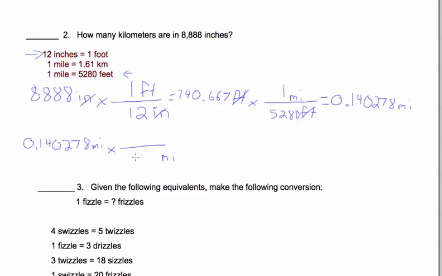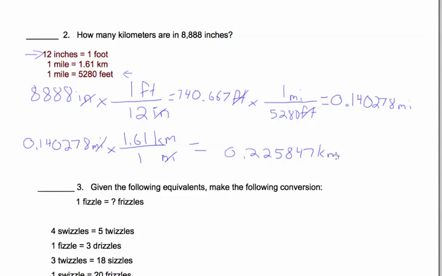We know that 1 mile equals 1.61 kilometers. Miles cancel out, we get 225847 kilometers. Let's talk significant figures for a minute.